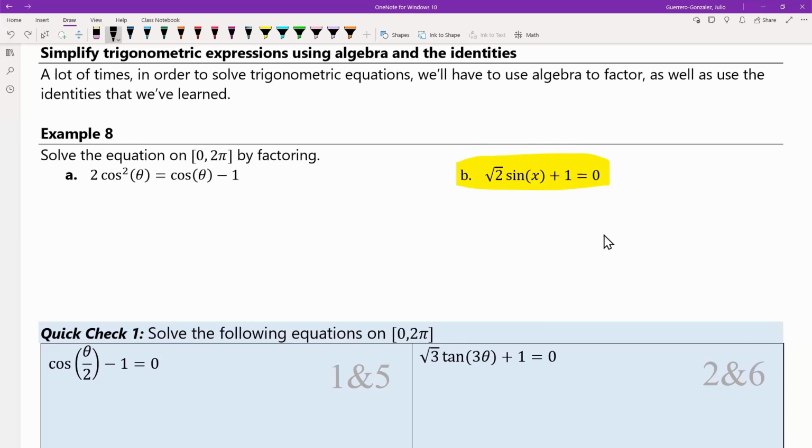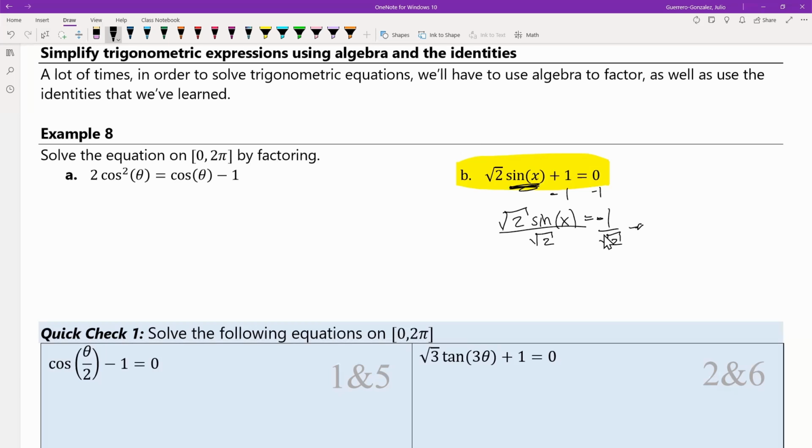So here's what I mean. I want the sine x by itself. I'm going to try to get this sine x by itself. So minus 1, minus 1. So I have square root of 2 sine x is equal to minus 1, divided by the square root of 2, divided by the square root of 2.